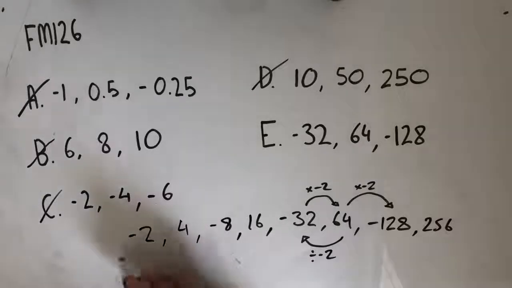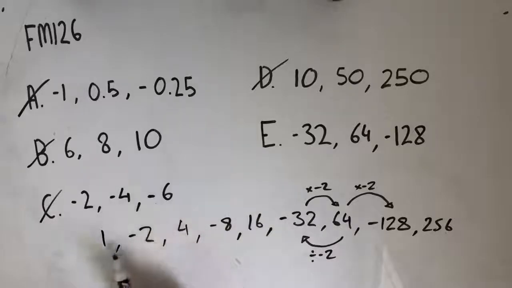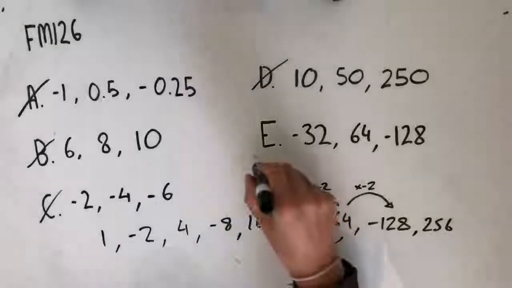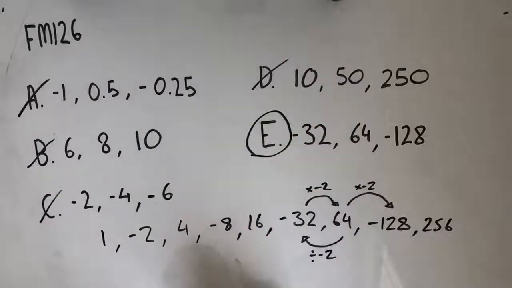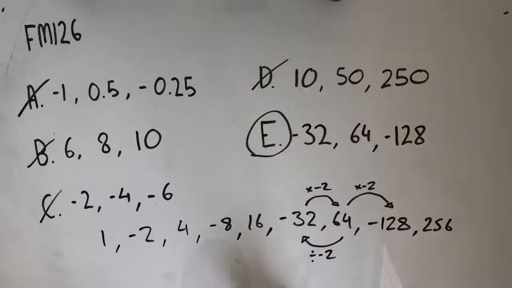And then positive 1. This is where we see that we're definitely not going to hit positive 2 in this sequence. We get to negative 2, but not positive 2, landing E as our answer, both knowing that it's not in this sequence and also knowing that it's in the other sequences.